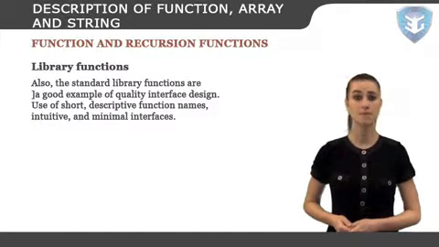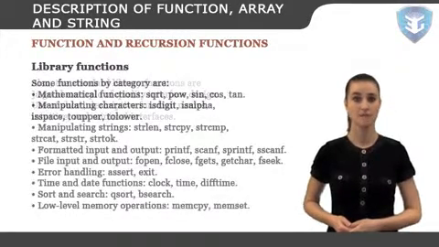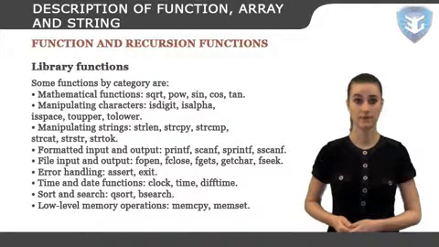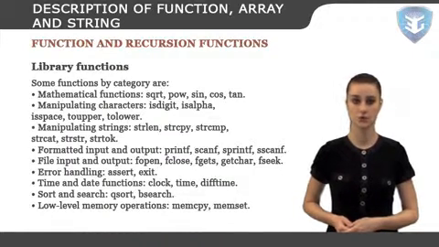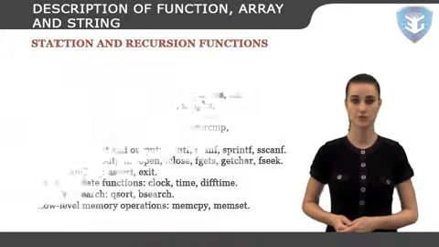It pays to become familiar with the standard library. Learn what functions are available and their various purposes. Some functions by category are mathematical functions, manipulating characters, manipulating strings, formatted input and output, file input and output, error handling, time and date functions, sort and search, low-level memory operations.